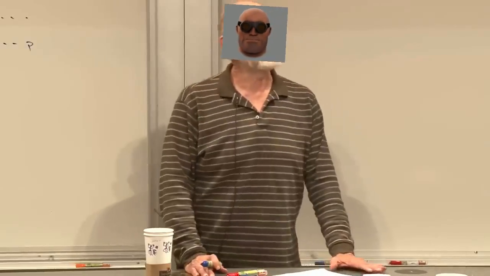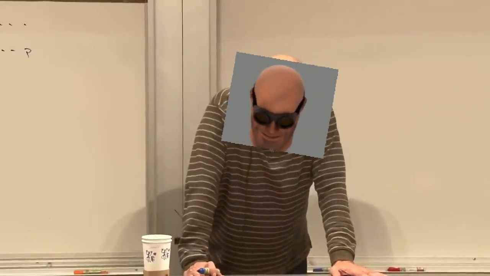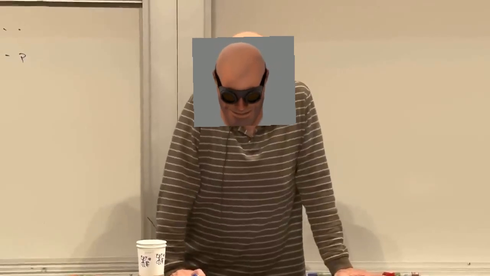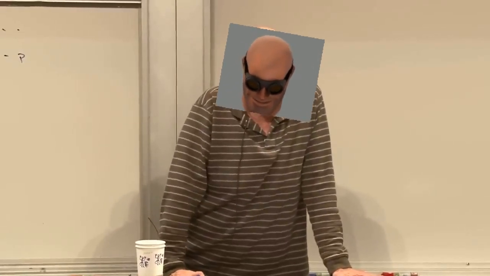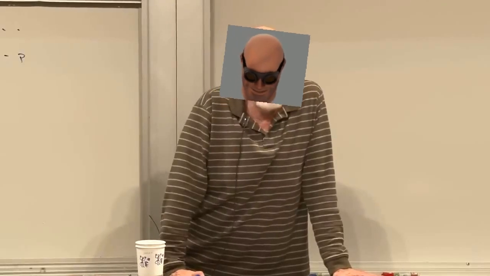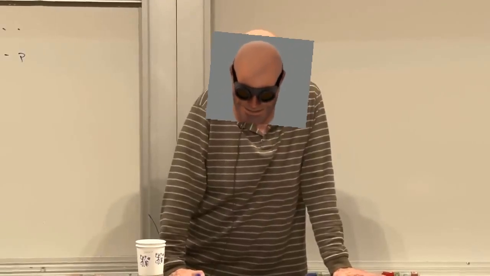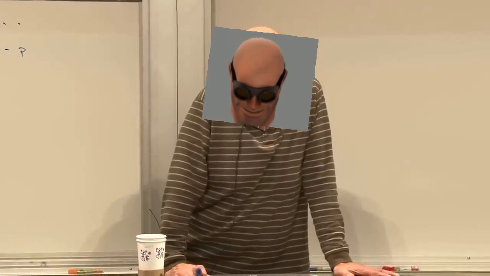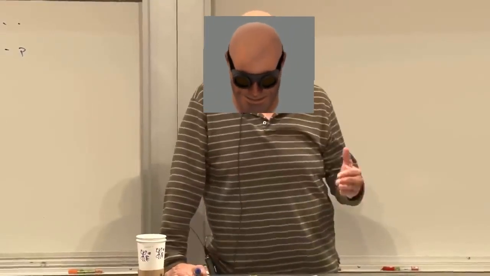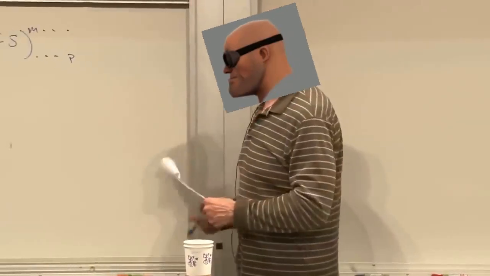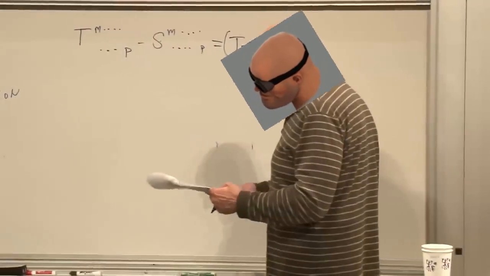Okay, next, multiplication of tensors. Now, unlike addition, multiplication of tensors can be done with tensors of any rank. Rank means the number of indices, and independently of whether those indices are upstairs or downstairs, and here's the way it works. Let me start with an example.